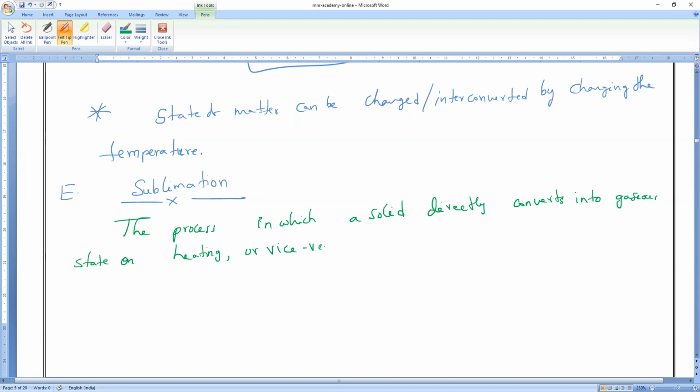What do you mean by vice versa? Reverse process. This is heating, so vice versa takes place on cooling, without changing into liquid state, is called sublimation.